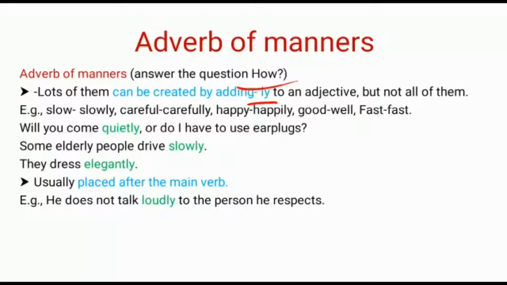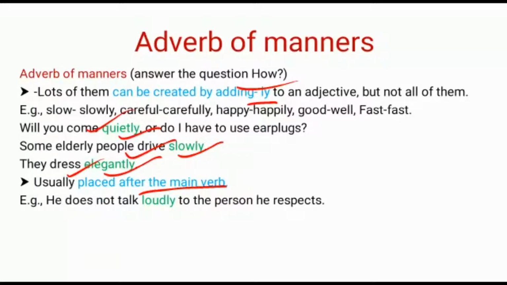You can see in the example, we have adverbs like quietly, slowly, elegantly, which are informing us about the action, how to come, how some elderly people drive, and how they dress up. And if we talk about their position in a sentence, they are usually placed after the main verb.